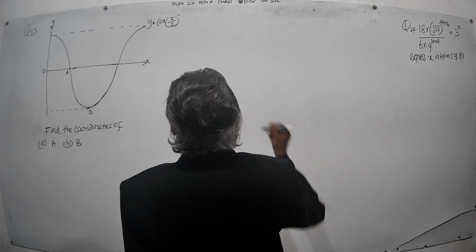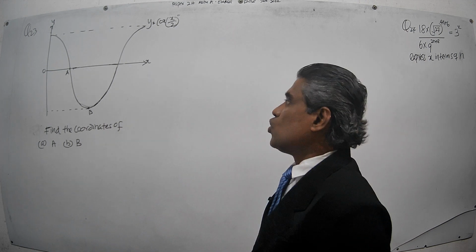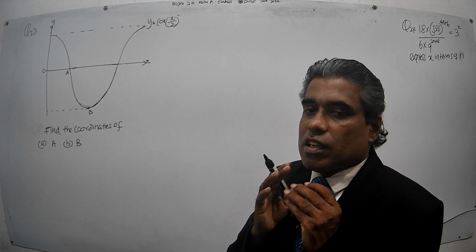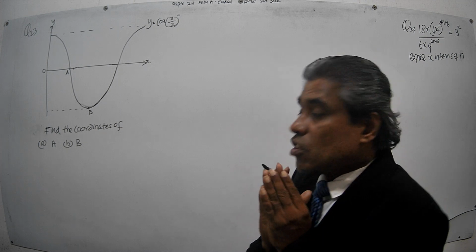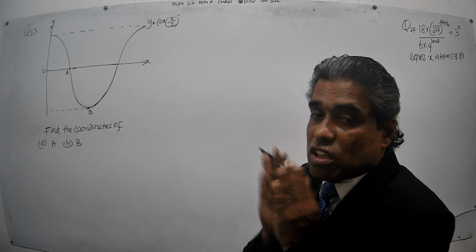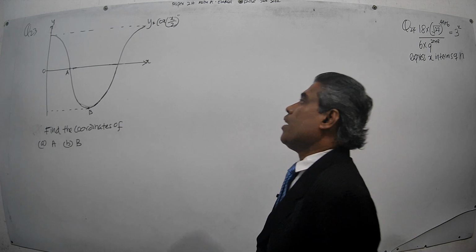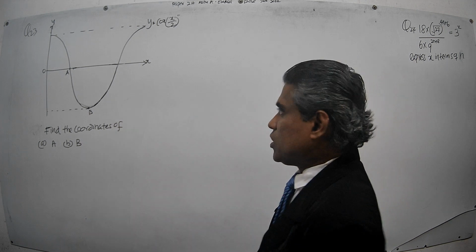To have some support to find the coordinates of A and B, I draw the graph of y equals cos x. That is a very basic graph, to help solve this question 23.